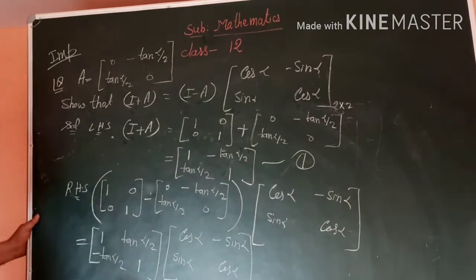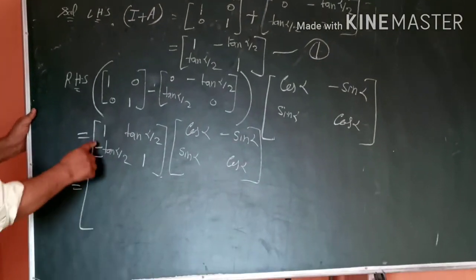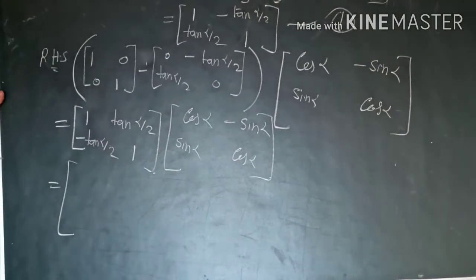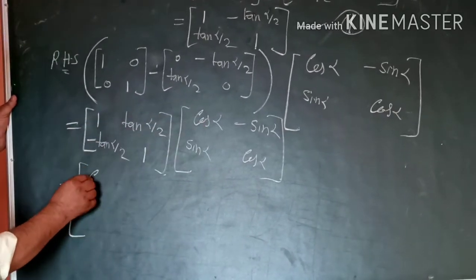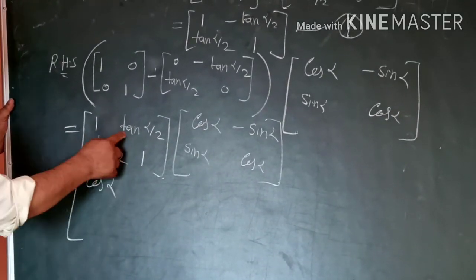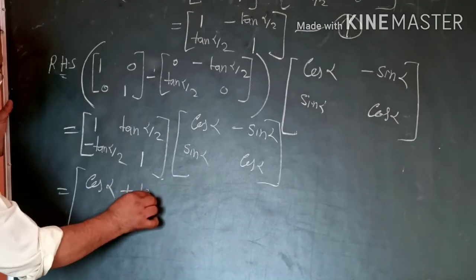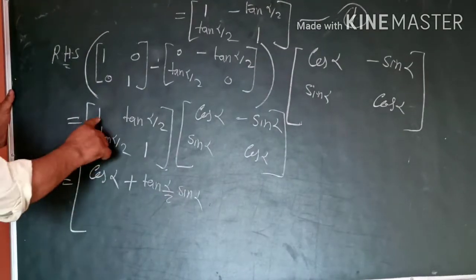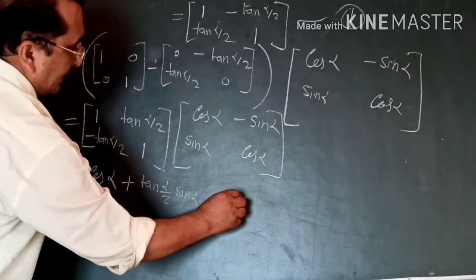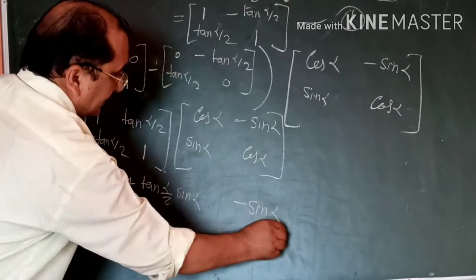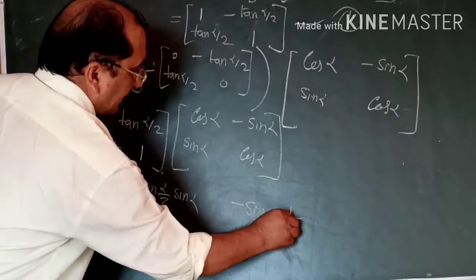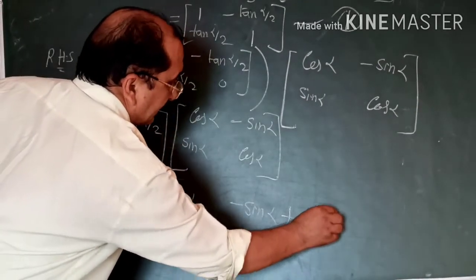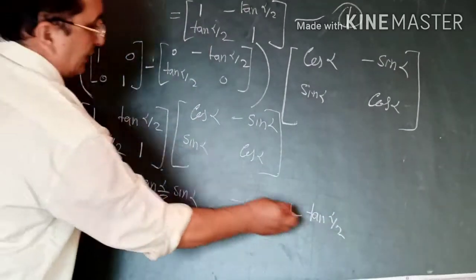Now see very carefully. First row multiplied by first column: 1 times cos alpha plus tan(alpha/2) times sin alpha. Then first row, second column: 1 times minus sin alpha, then tan(alpha/2) times cos alpha.